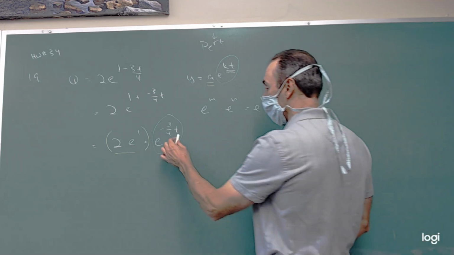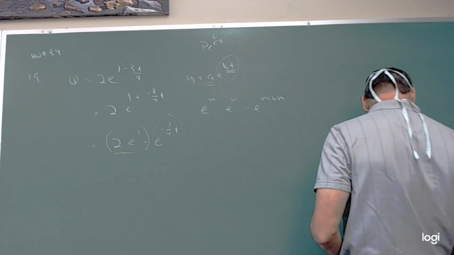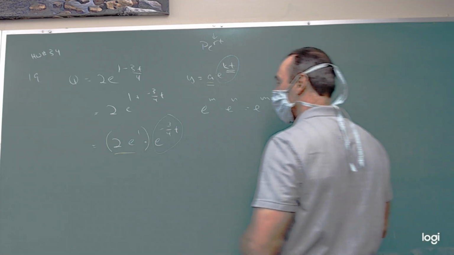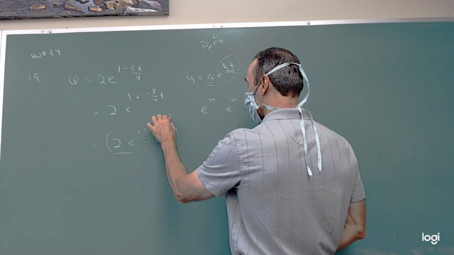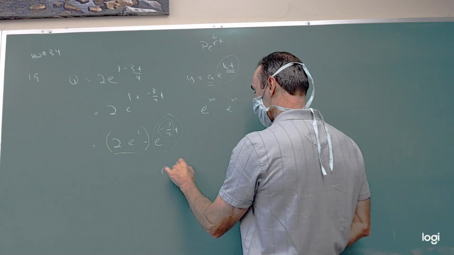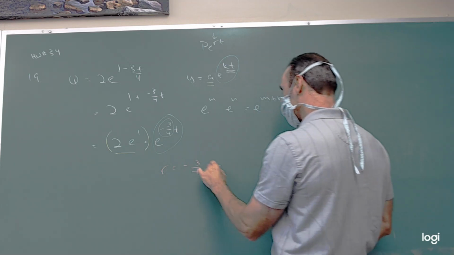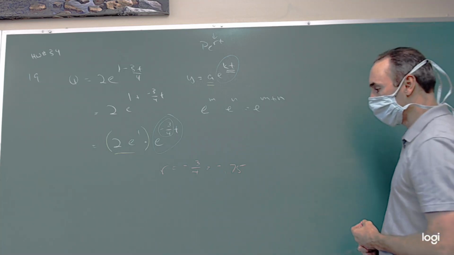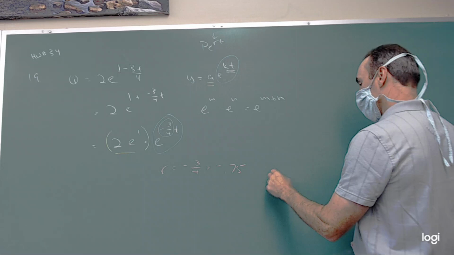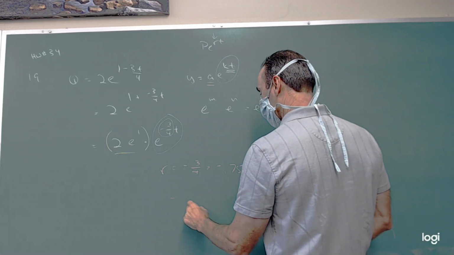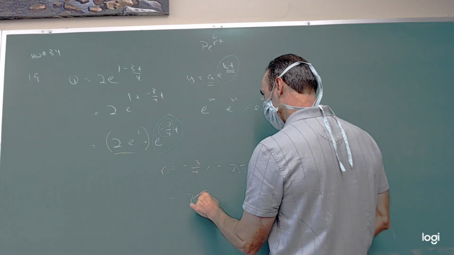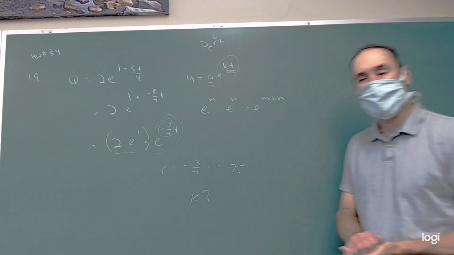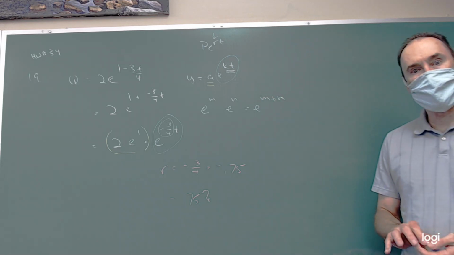In our case, that's going to be that negative 3/4, which is negative 0.75. So that's a decrease, decreasing by 75%. That's the rate of decrease there, 75%.